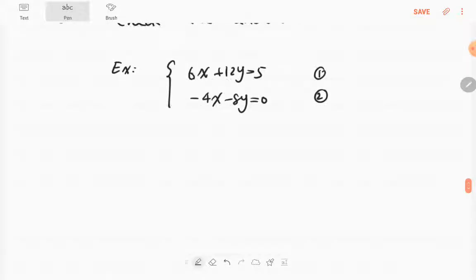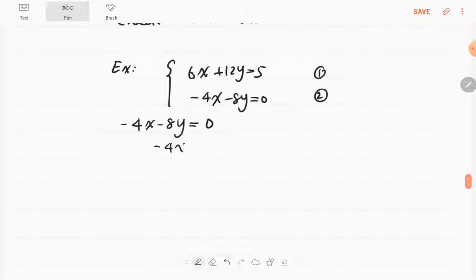This time I'm gonna pick equation 2 to solve for x. Okay, this is equation 2. So we pick equation 2 to solve for x.